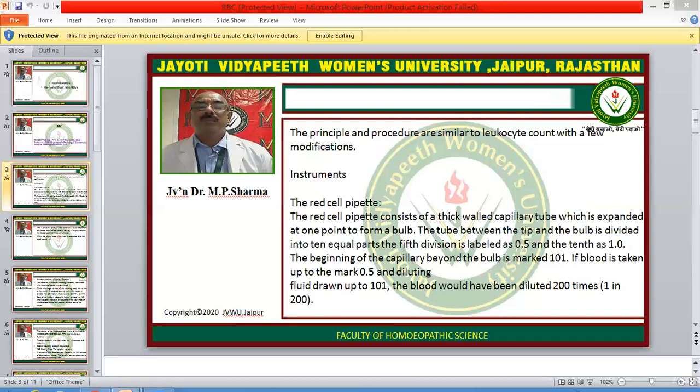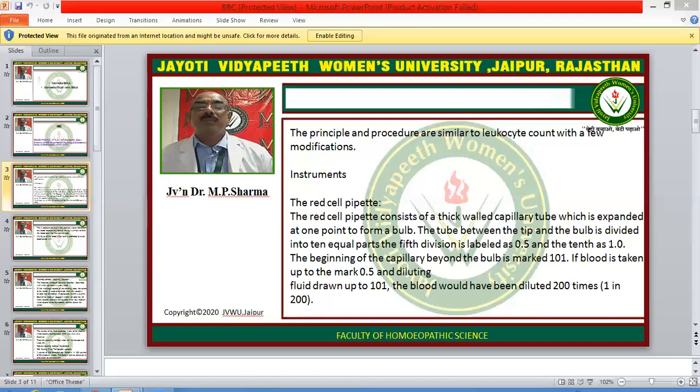Hemocytometer counting chamber. The improved Neubauer counting chamber described with the white cell count is widely used. Of the 9 large squares of the counting area, the square at the center is used to count red cells.